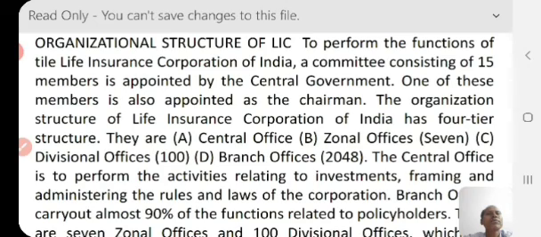One of these members is also appointed as chairman.